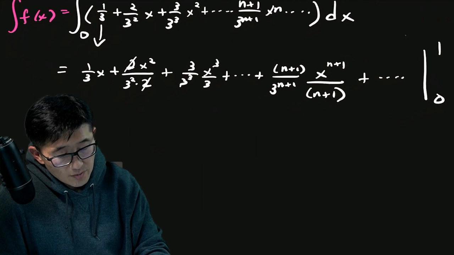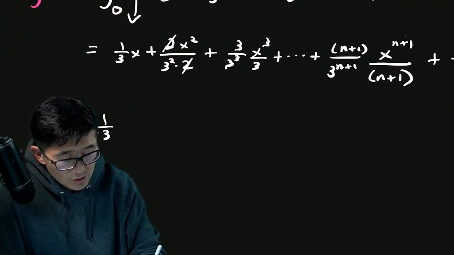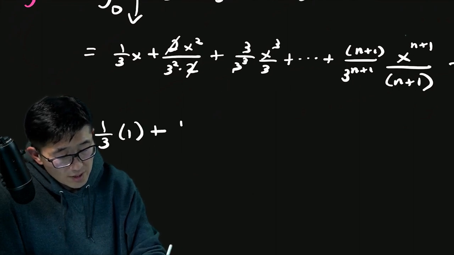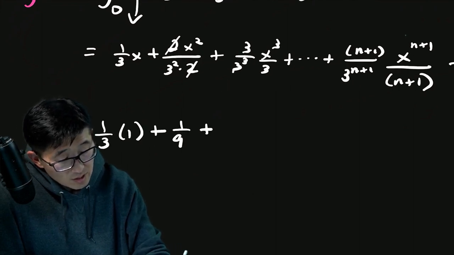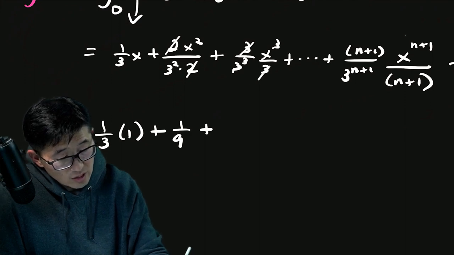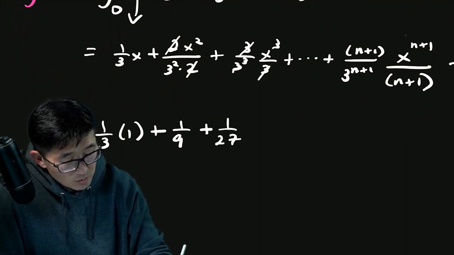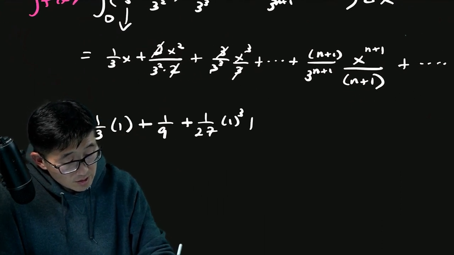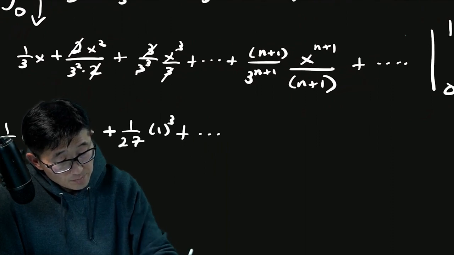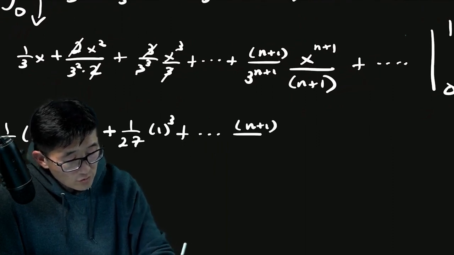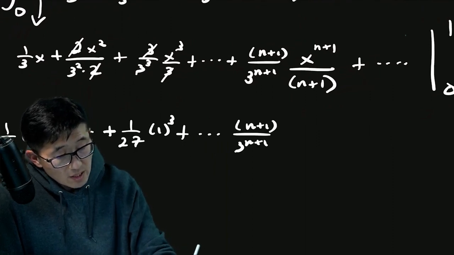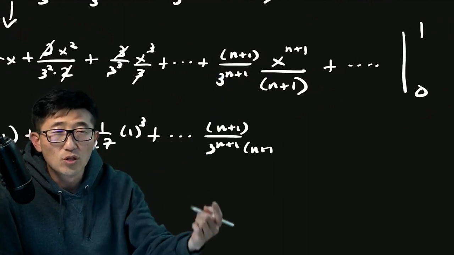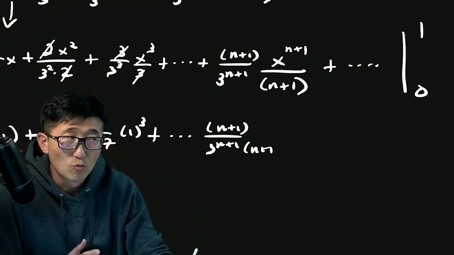So if you plug in 1, you'll get 1/3 times 1 plus 1/9 plus, let's see, the 3's will cancel out, 1/27 times 1 to the 3rd power, and then plus dot, dot, dot, and this will just become n plus 1 over 3 to the n plus 1 times n plus 1. If you plug in 1 right here, it'll just be 1 to the n plus 1, which just equals 1.